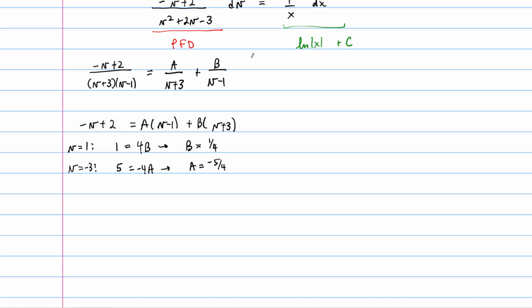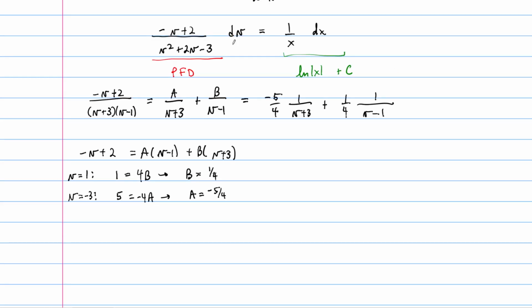All right, and so now our function, our integrand, the thing that we need to integrate, is going to become negative 5/4 times 1 over (v plus 3) plus 1/4 times 1 over (v minus 1). And remember, this is all going right here.